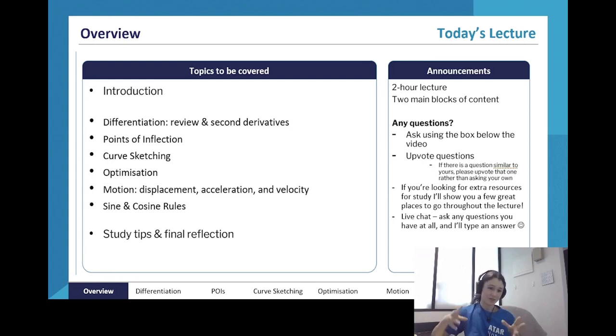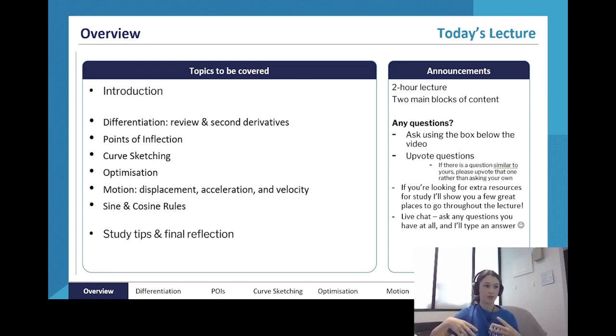The content that we're going over today is, as I said, mostly related to calculus. Firstly, differentiation. We're going to be going over a review of differentiation and then getting into second derivatives, how to find them, what they are. Then we're going to be getting into points of inflection, and as a subsidiary of that, curve sketching and how we can use our differentiation and our points of inflection to sketch curves and find their features.